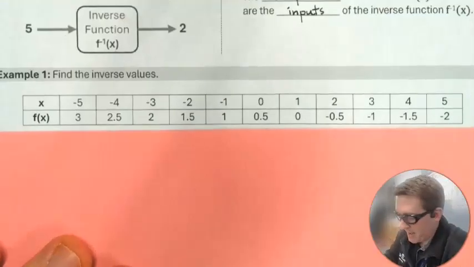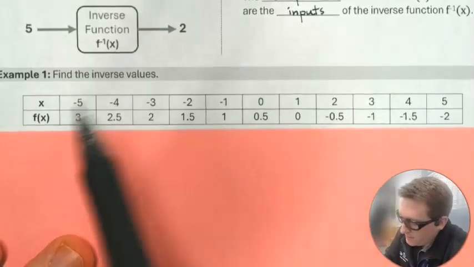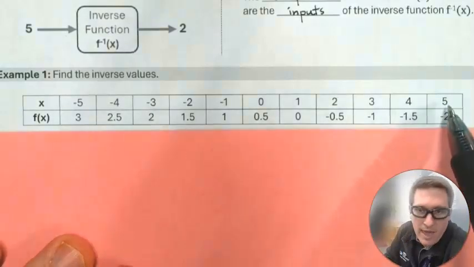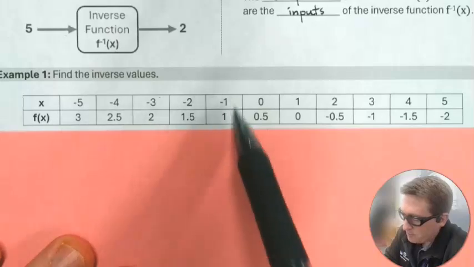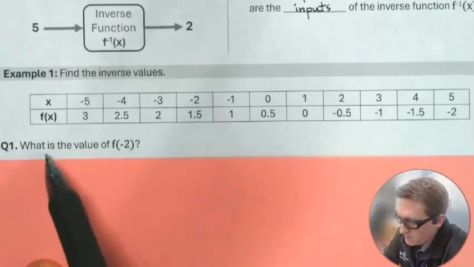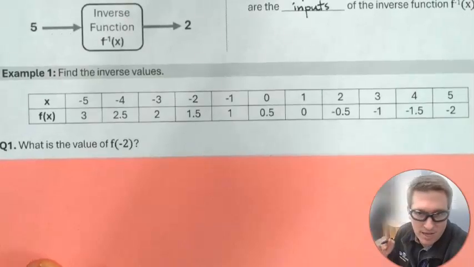All right, let's look at an example. So I have a table here that is a function, right? It's giving me different x values from -5 to 5, and it's telling me what the outputs of each of those inputs are, right? So the first question is, what is the value of the function of -2? Now notice the question is not about inverses yet.